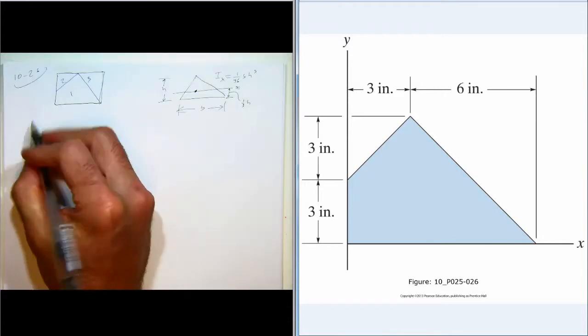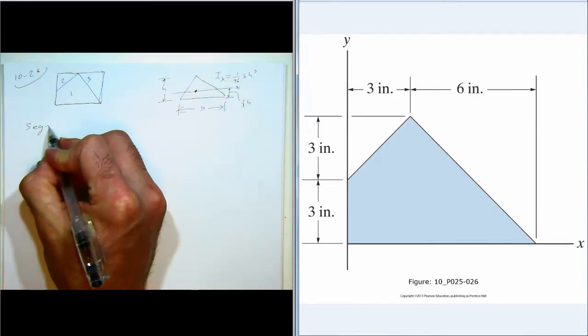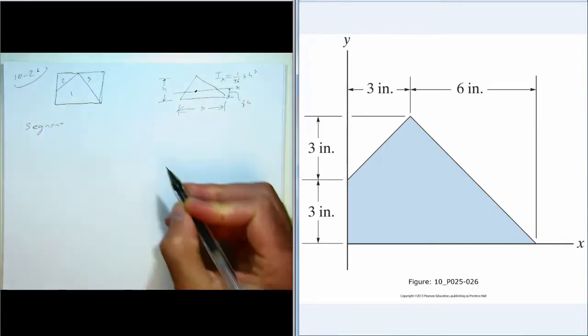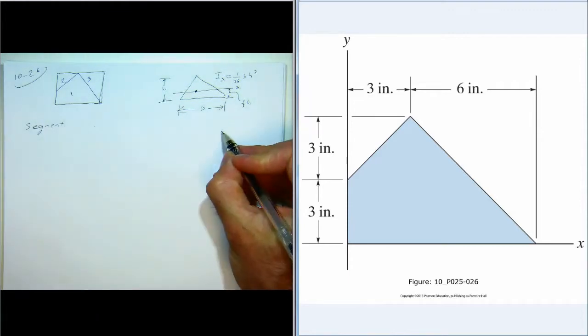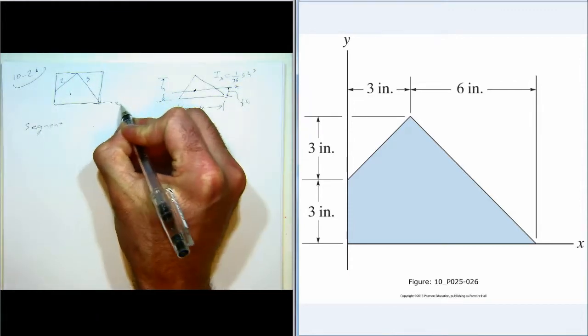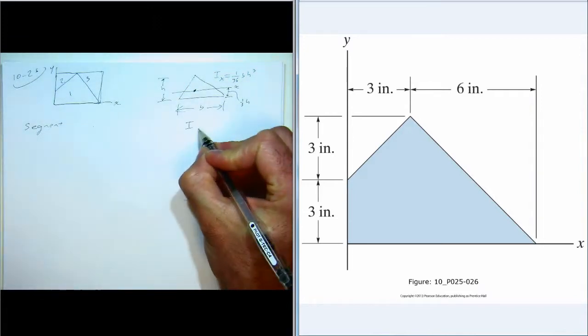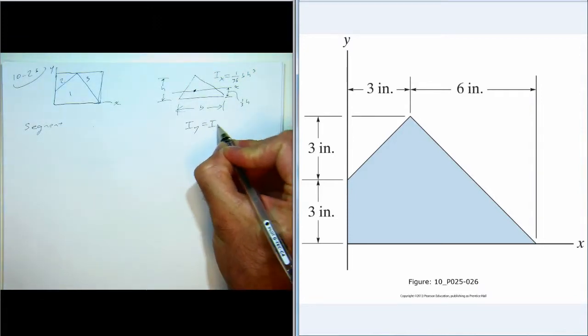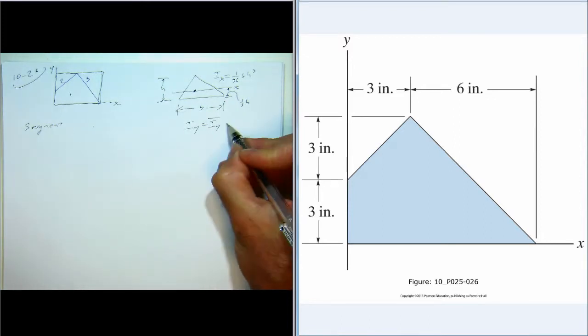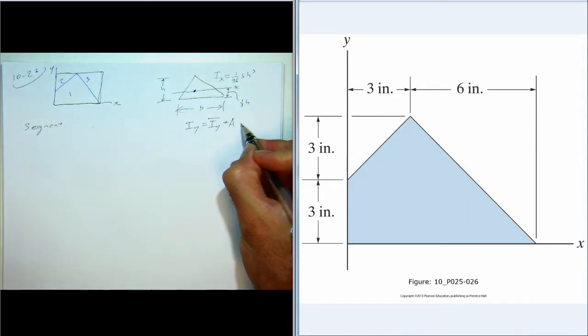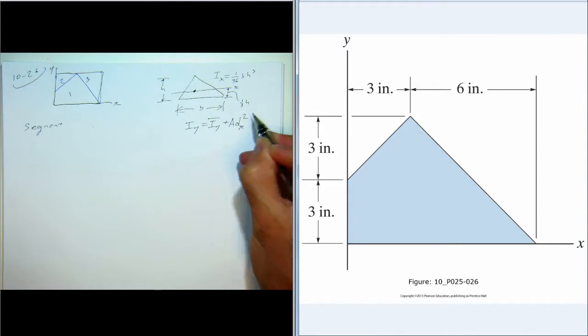So we have a table with the segments, and in this case we'll be using, so here's the x-axis, y-axis, so we'll work with Iy is equal to Iy bar, the centroidal moment of inertia, plus A times d sub x squared.